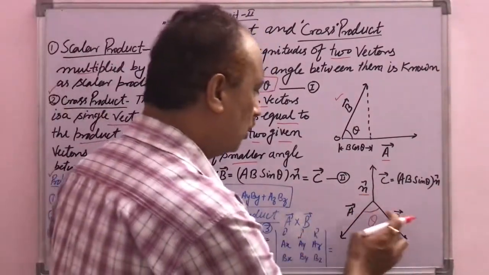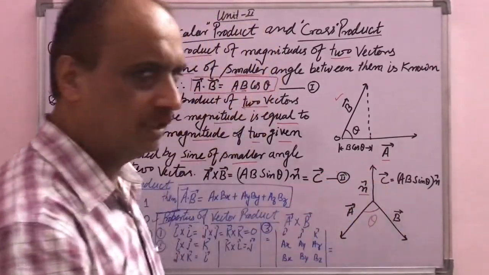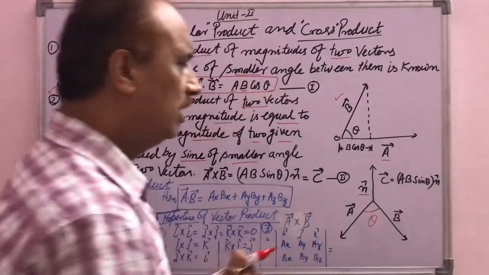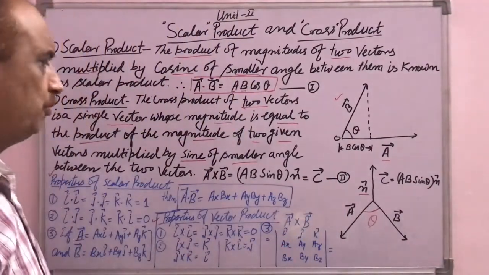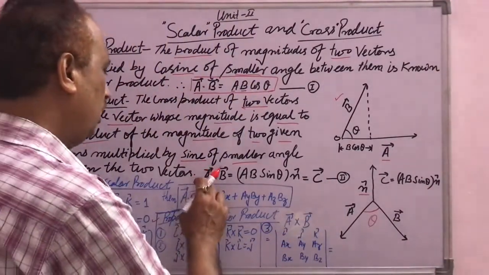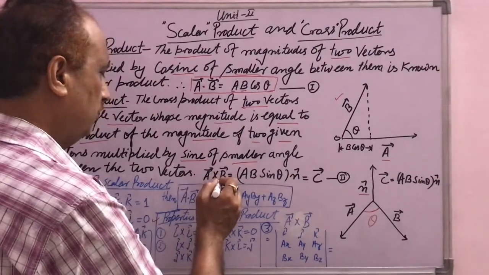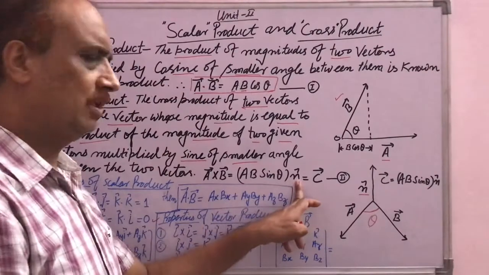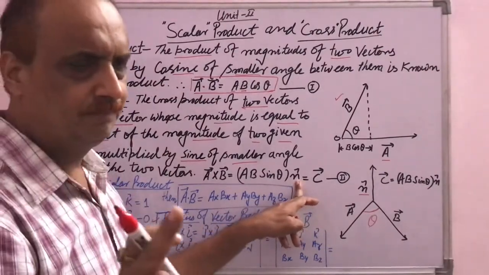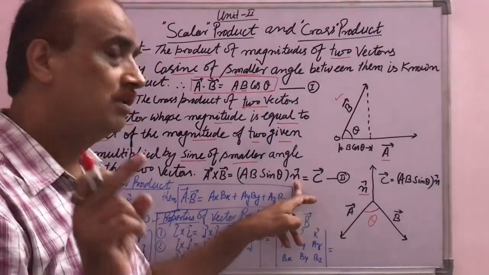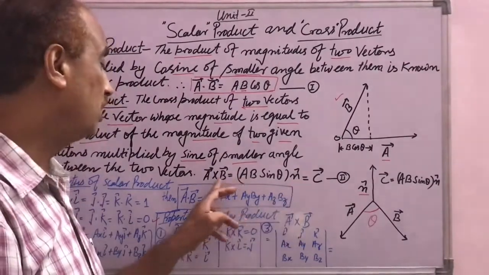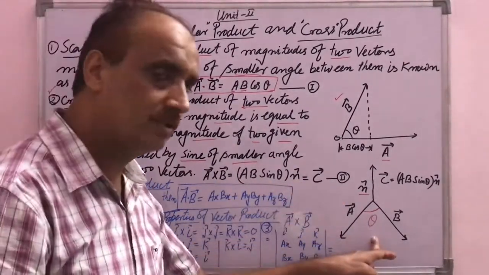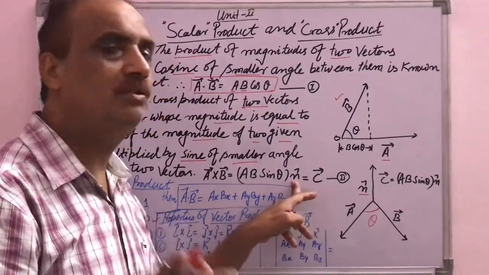So A cross B is equal to C, and it is always equal to AB sin theta times the unit vector n. The magnitude of the unit vector n is 1. It shows that the resultant of A cross B is always perpendicular to the given two vectors, so we write here the unit vector n.